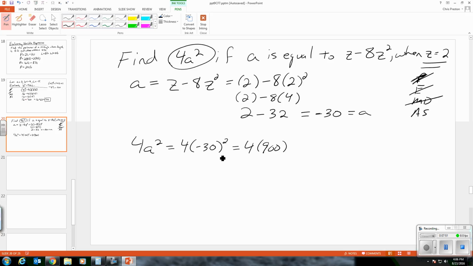Positive 900, negative times a negative. And then multiply 4 times 900, 3,600. So there you go. So this is a two-part problem. First, figure out what a is using this other expression, evaluate it, and then use that answer to evaluate what 4a squared is. So that's evaluating variable expressions.